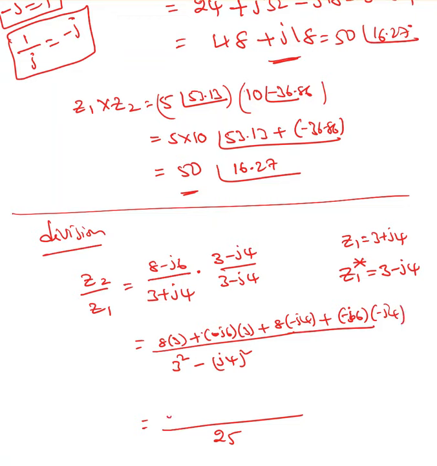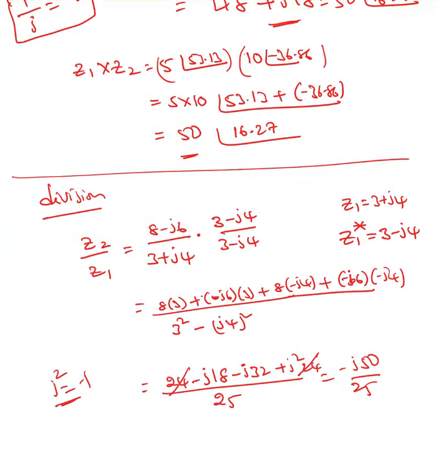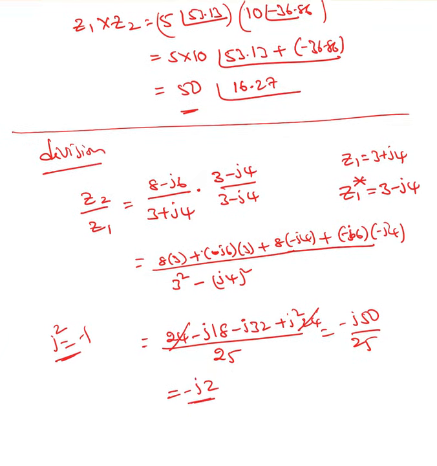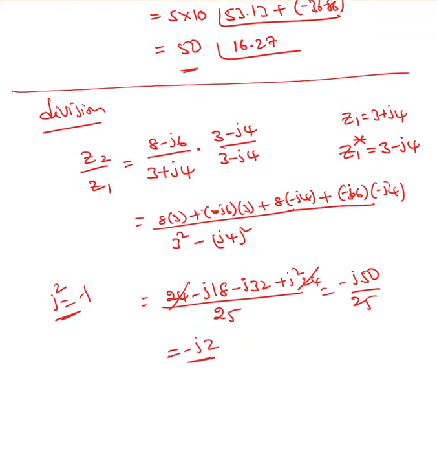So 24 minus j18 minus j32 plus j squared 24. So we end up with 24 minus 24, as j squared is nothing but negative 1, so these two get cancelled out. I'll end up with minus j50 divided by 25. This is minus j2. It's a little bit complicated.